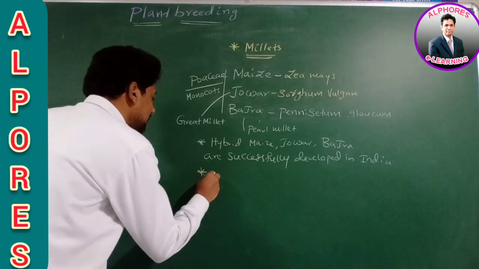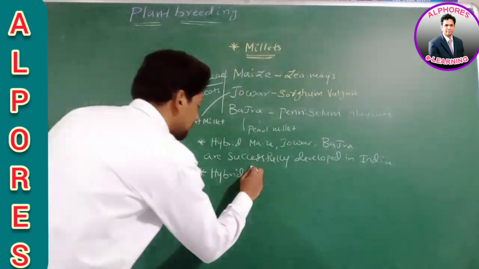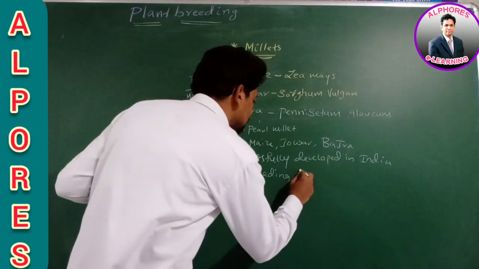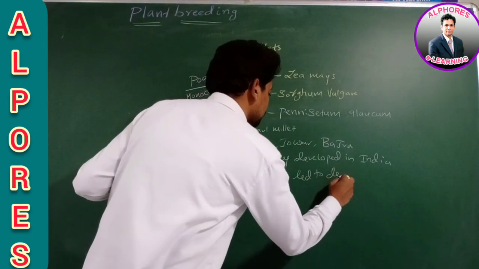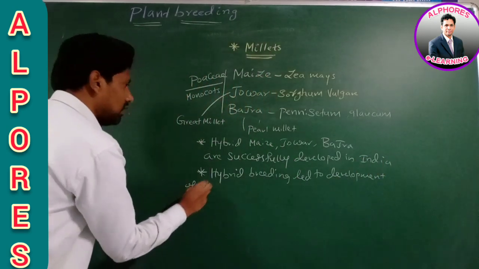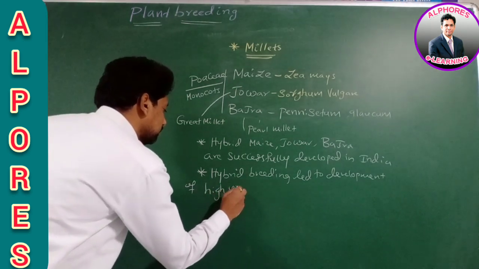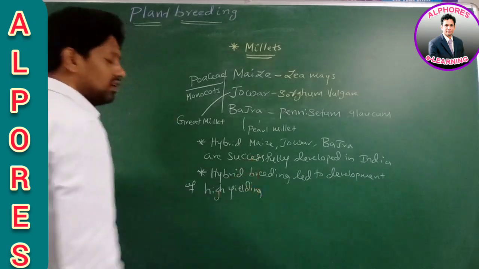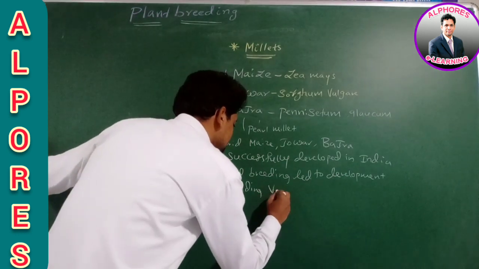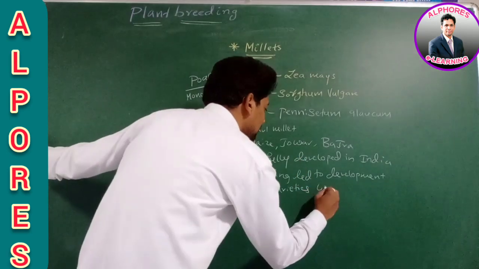Hybrid breeding means producing hybrid plants. Hybrid breeding led to the development of high yielding varieties which are resistant to water stress.